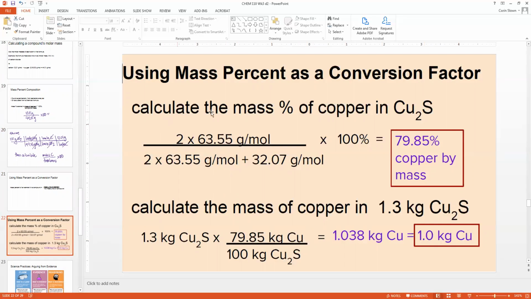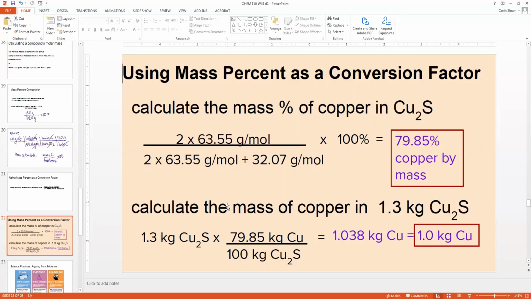If you had to calculate the mass percent of copper in copper sulfide, you would do 2 times the molar mass of copper divided by 2 times the molar mass of copper plus the molar mass of sulfur. Then you would multiply that by 100. That gives you 79.85% copper by mass.